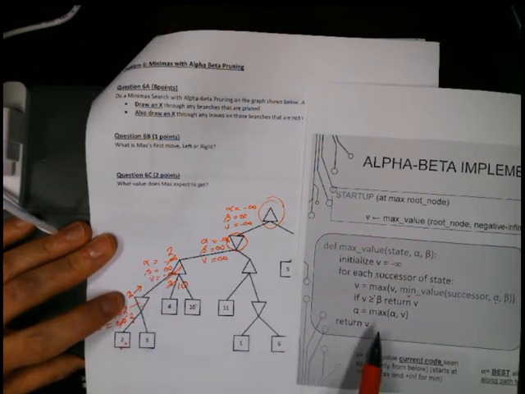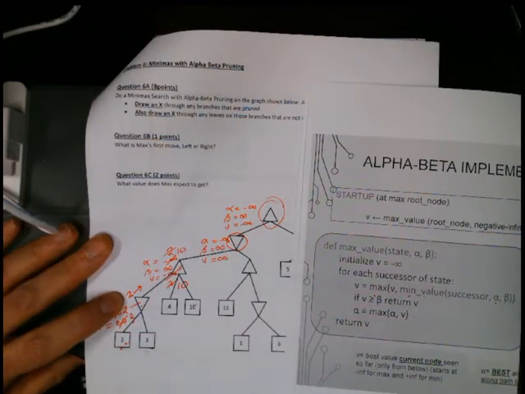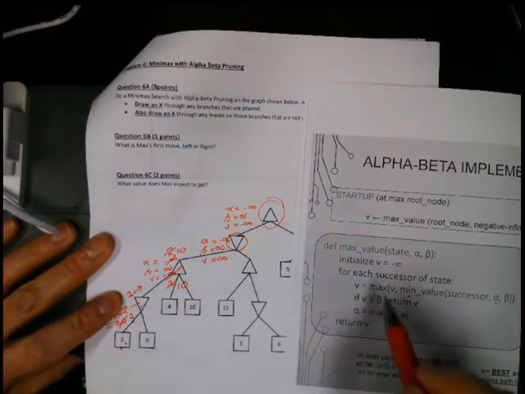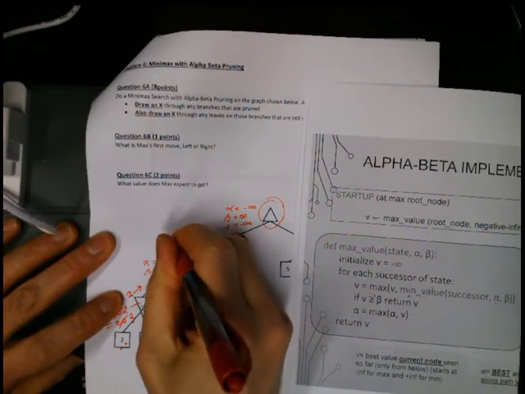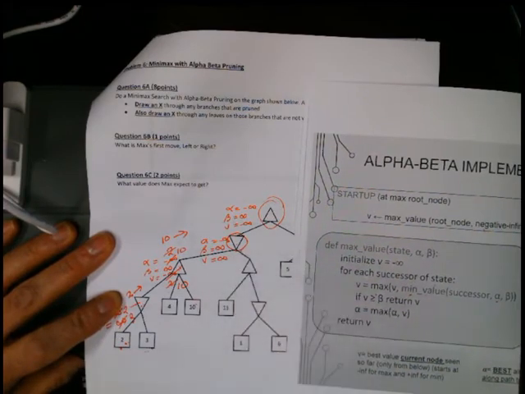Nope. So alpha gets the maximum of 2 and 10, so alpha becomes 10. And then it says return V. So what's V? It's this 10, because we've gone through all the children now. And so that 10 will come up from this node. Now, we are in here.